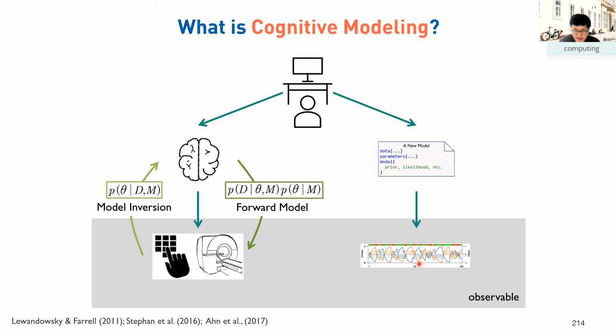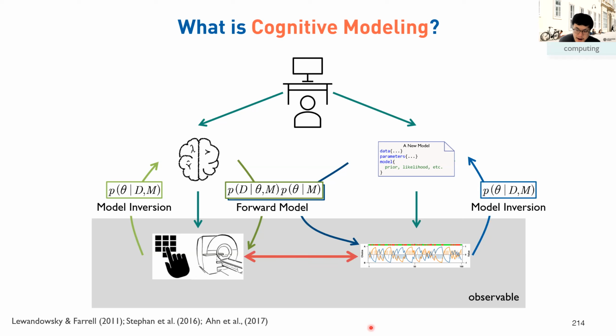And what we can do then is to compare here if the data generated from the AI or from the model could match the data from the real people, from the real participants. We just compare if they match each other. If we ask the model to generate behavior, then we can compare the resemblance between the human behavior and the model behavior.